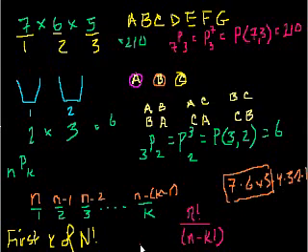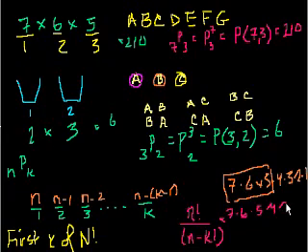Let's see if that works. Well, what's going to happen? In this case, n factorial was 7, so it was 7 times 6 times 5 times 4 times 3 times 2 times 1. And then what was n minus k factorial? Well, in our example, k was the number of spots, and there were 3 spots. So 7 minus 3 is 4.